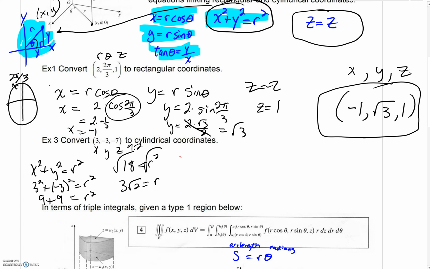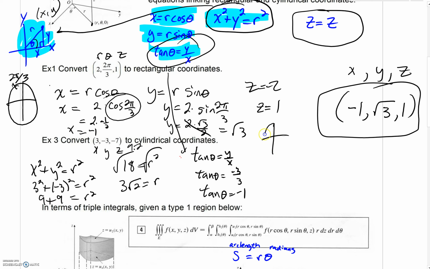And to find theta, well, we saw up here tangent of theta is actually going to equal y over x, so that's going to quickly work out to negative 3 over 3. So we're saying tangent of theta would equal negative 1.